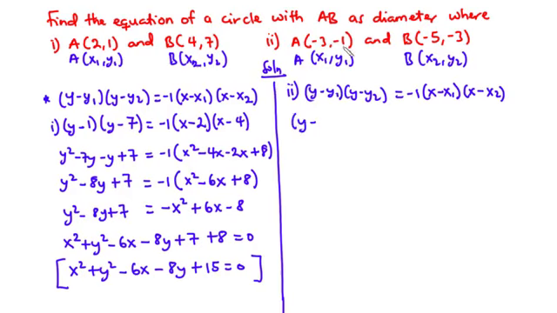We have y1 to be negative 1, so that becomes y minus negative 1, and then y minus y2 is negative 3. So into brackets negative 3 equals negative 1 times x minus x1, that is negative 3, and then x minus x2, negative 5.